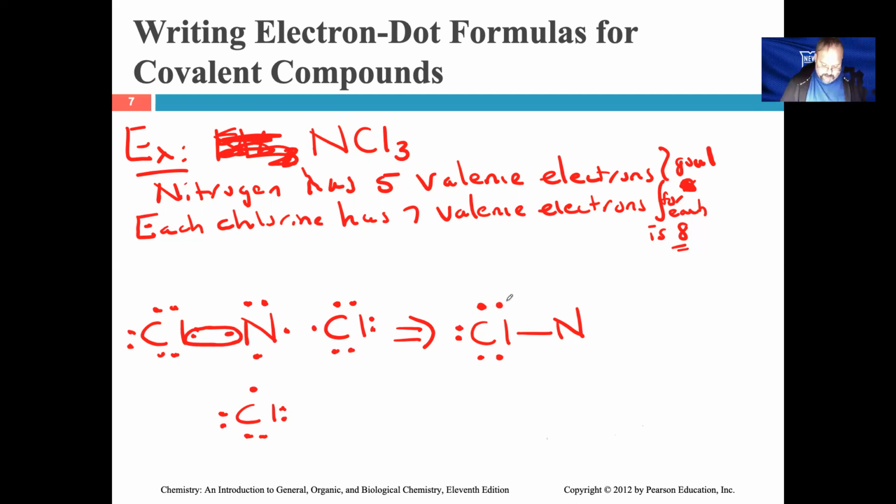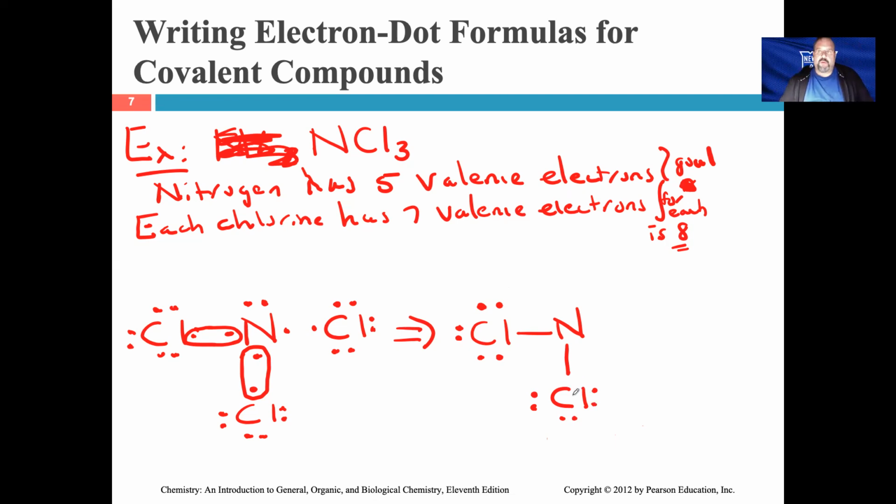All right. So the chlorine on the bottom says, okay, let me take one of my valence electrons and share it with the nitrogen. And again, the nitrogen has a valence electron that it hasn't used yet to form a chemical bond. So it responds in kind. Again, forming what type of bond between them? Forming a single bond. And those other pairs of electrons on the chlorine, those lone pairs, which are not involved in chemical bond formation, come along for the ride.